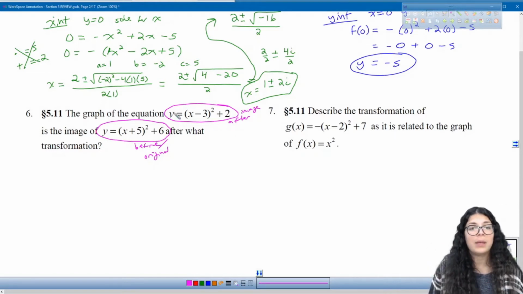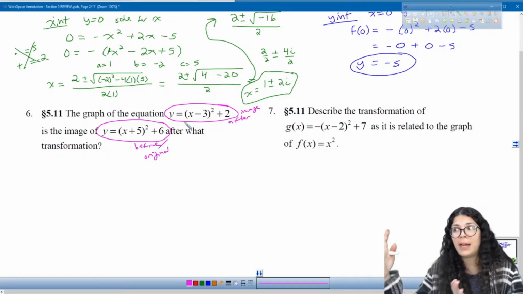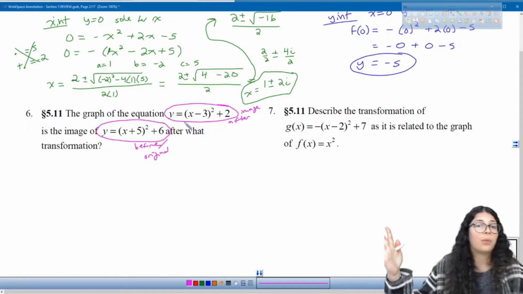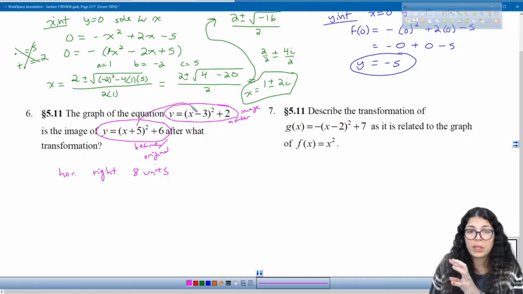So notice that we have just a simple shift, right? Before we were to the left 5 units, and then we're now to the right 3 units. So if we went from the left 5 to now being on the right 3, that's a total of minus 8 in the equation, which is shifting horizontally to the right 8 units. And that's because it's a minus 8 on the equation itself, right?